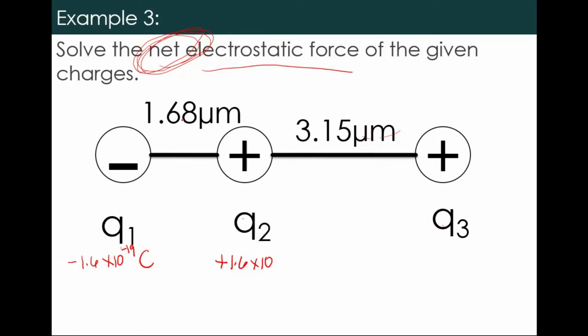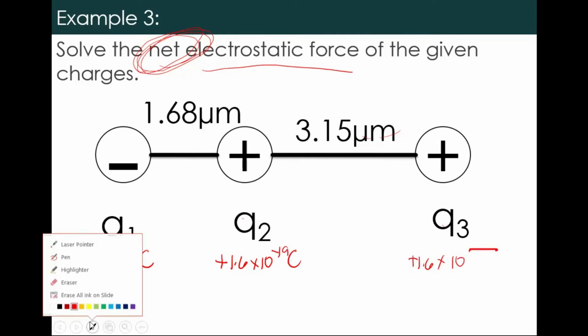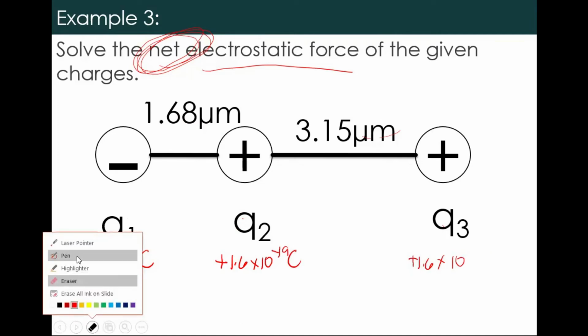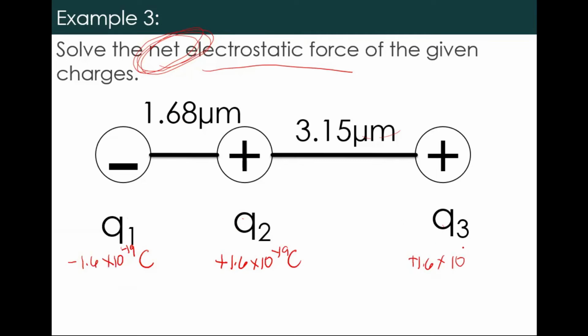And this one, positive 1.6 times 10 raised to negative 19 coulomb.